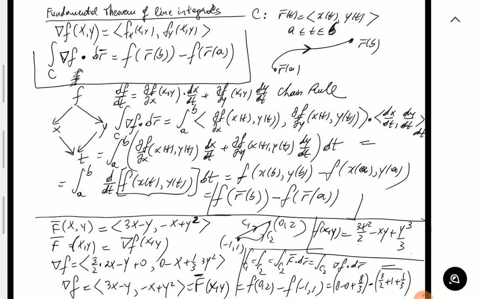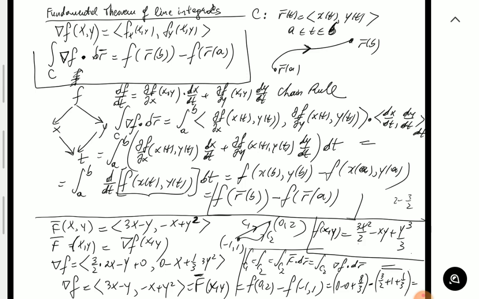Let me check: f of 0, 2 minus f of minus 1, 1.